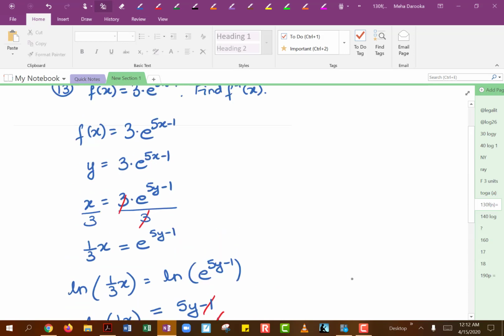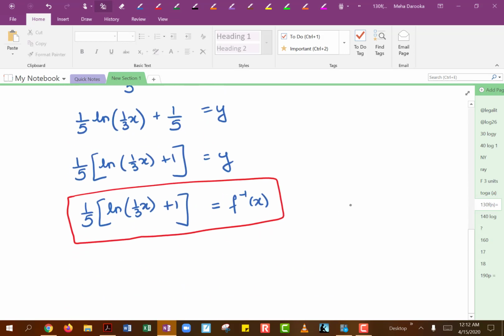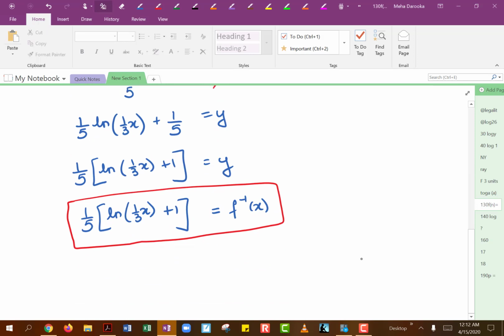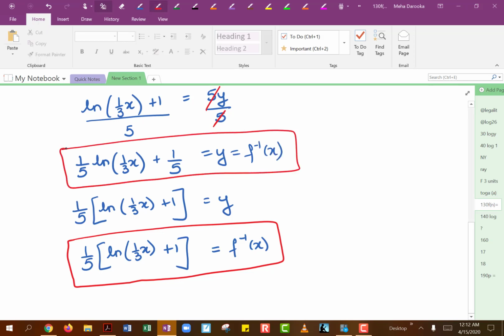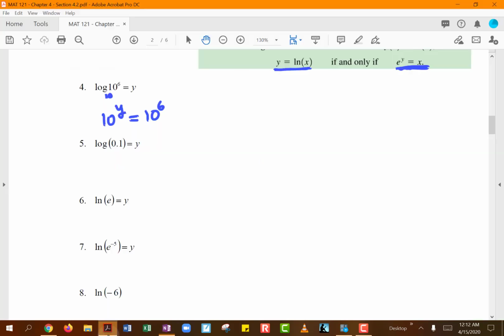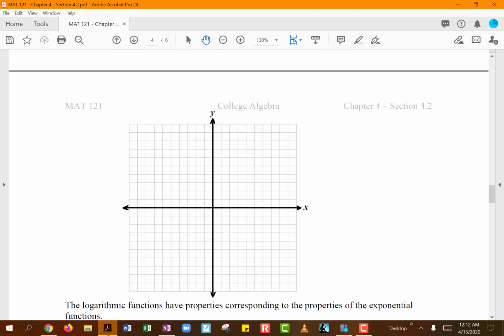So either this, or you can also have it in this format. So whichever one you want to leave it in. So either this or this. Okay? So that's kind of how we can rewrite logarithms into exponential functions, or exponential functions into logarithmic functions, which is what we did here.